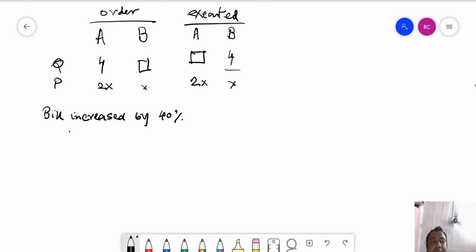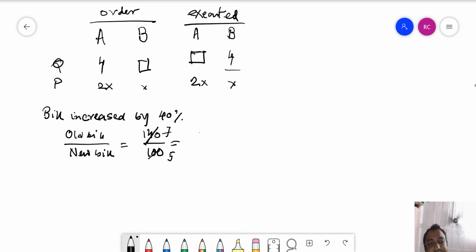The ratio of the old bill to the new bill is 140 by 100. If you strike by 20, you get 7 by 5. So the ratio of the old bill to the new bill is 7 by 5.